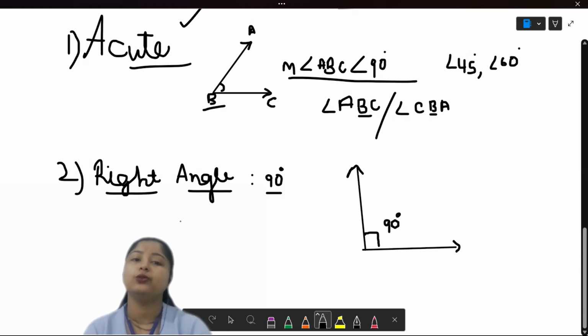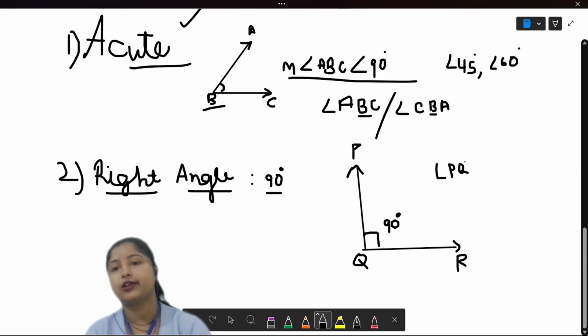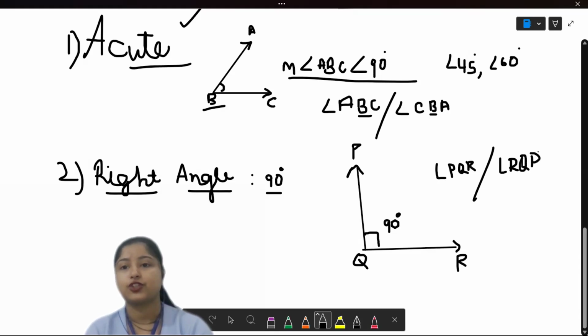It is equal to 90 degrees. Let's name this as P, Q, R. The vertex over here is point Q. So you can write it as right angle PQR, or you can also write it as right angle RQP. As I said, the vertex should be in the center.